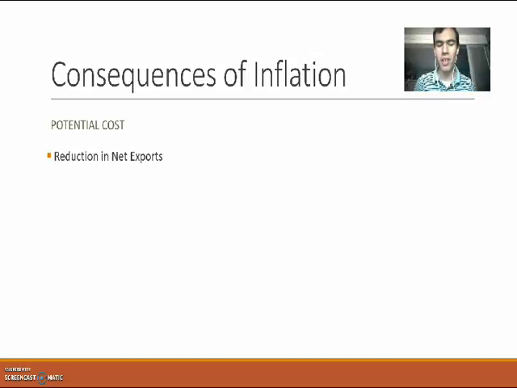Let's take a look at the second point. Unplanned redistribution of income. Well, here we have to talk about the interest rate. We know that when we have inflation, we are losing purchasing power, right? When we have an interest rate, we are aiming to get a little bit of comeback from that purchasing power we are losing. The higher the interest rate, the more we will receive.